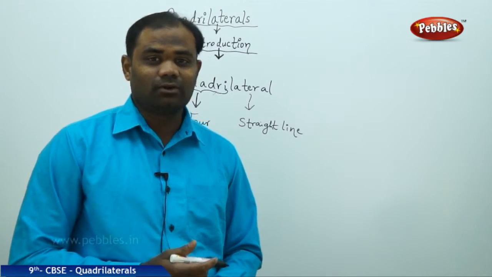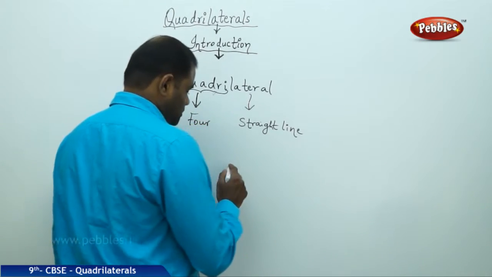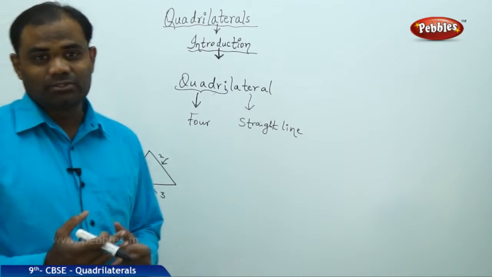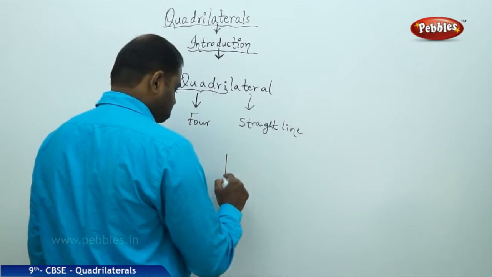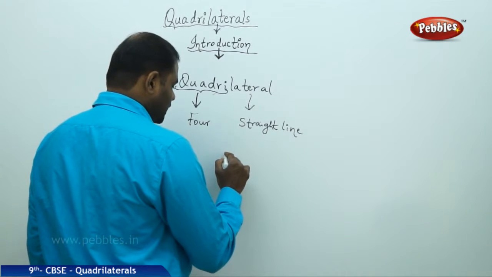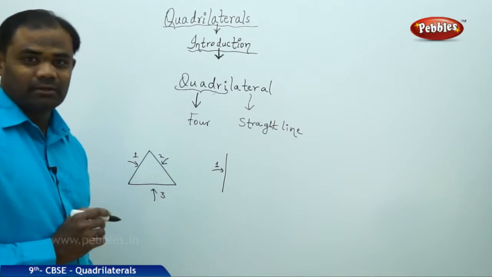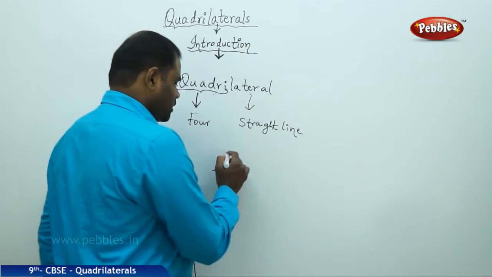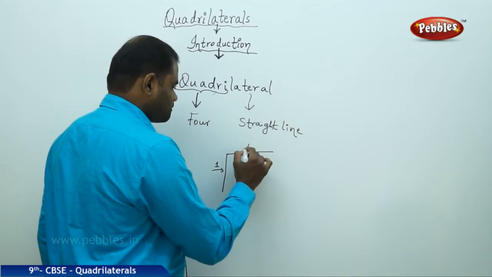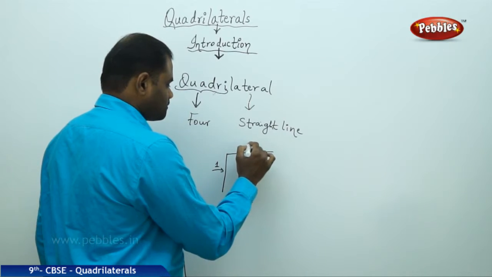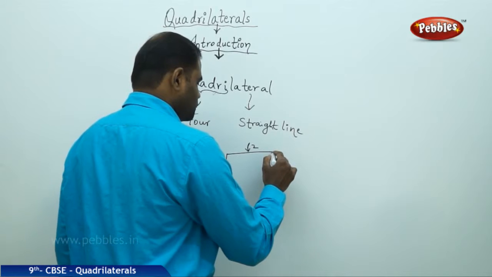So let's see how a quadrilateral is formed. Imagine I take four lines which join together to form a closed region. For example, I have line 1. This is the first line, and I take the other line and join it here. I take the third line and join it somewhere here.